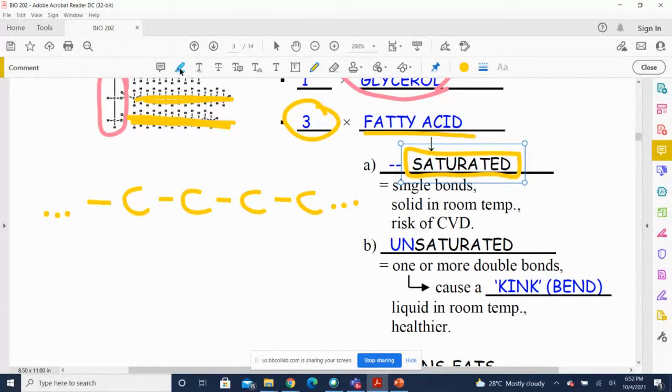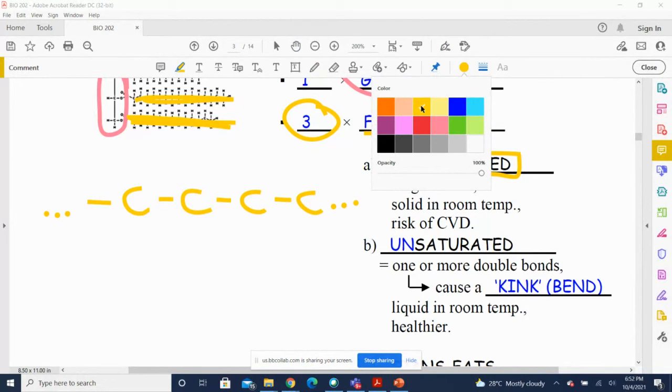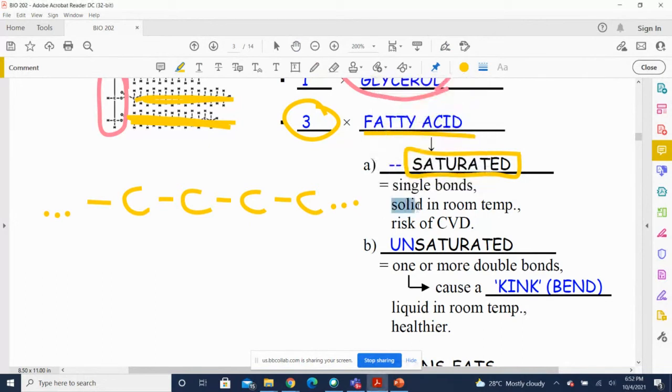Why I want to draw attention to this is that saturated fatty acids are typically of an animal source. They are solid at room temperature, and they come with an increased risk of cardiovascular diseases. So at large, we would say that they are less ideal.